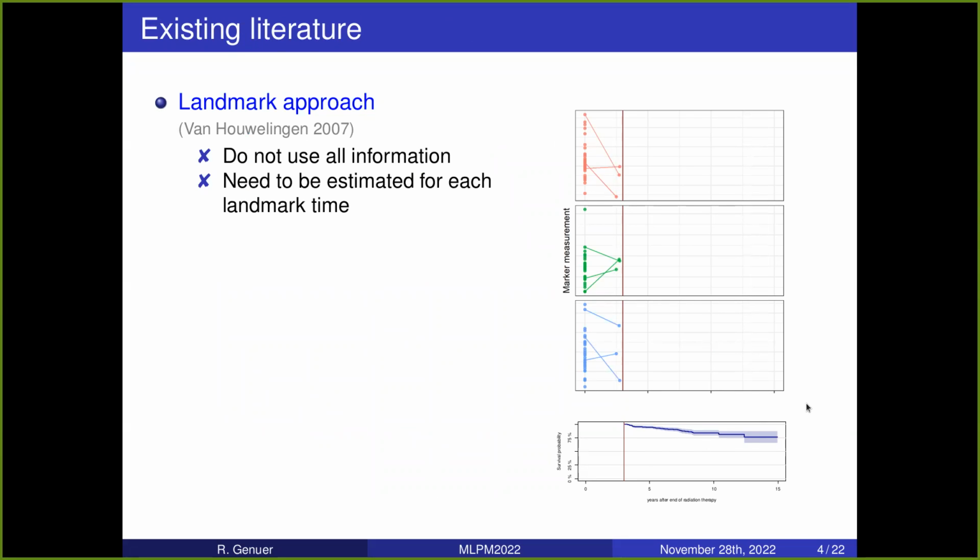So what already exists in the literature is what is called the landmark approach. Here, the landmark approach is quite what I described earlier. You fix a landmark time, which is denoted here by the vertical line. You collect all the information until this landmark time, you model and do whatever you want with this information, and then you predict what is going on after the landmark time.